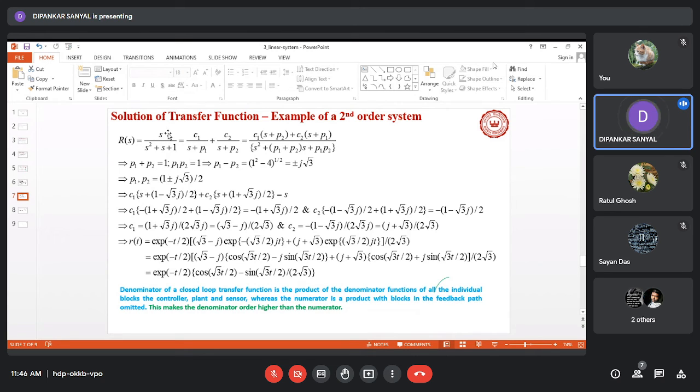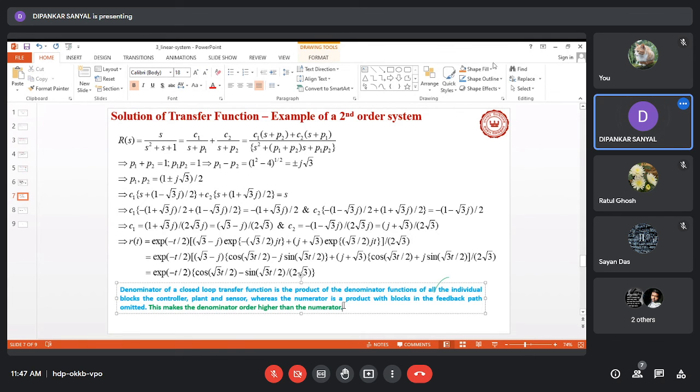Instead of s, it could have been just one alone. That is another part that I wanted to emphasize, and that note, that the denominator is higher order than the numerator, has been left here.